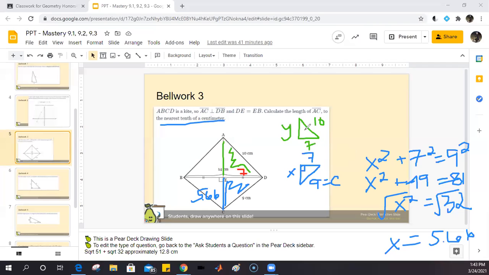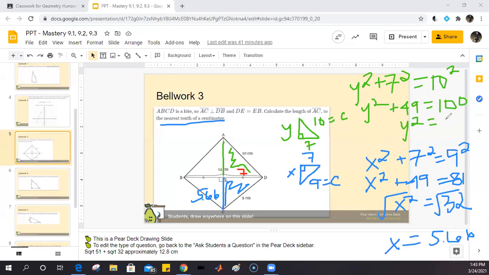Let's call this Y. 10's the C. So we got Y squared plus 7 squared is equal to 10 squared. 7 squared is still 49. 10 squared is 100. Subtract those and we get Y squared is 51. Square root both sides. Y is equal to the square root of 51.